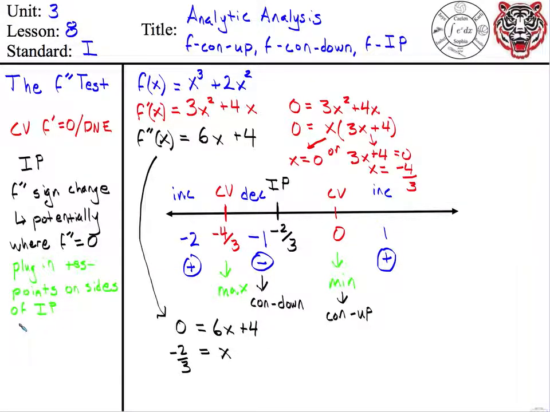And then from there, we plugged those values into f prime, or f double prime, sorry. A positive value means it's concave up. A negative value means what? Concave down. Exactly.